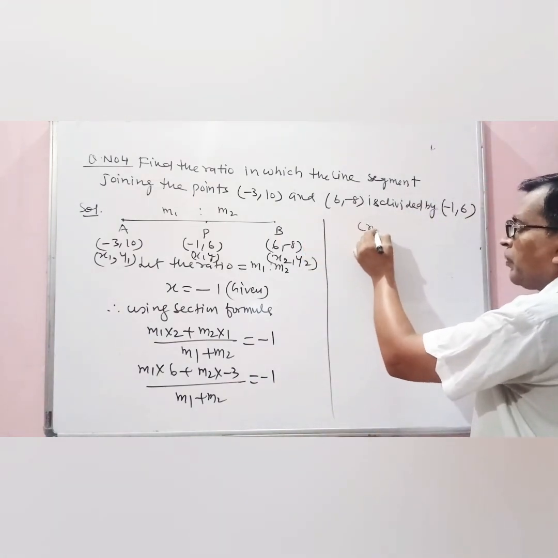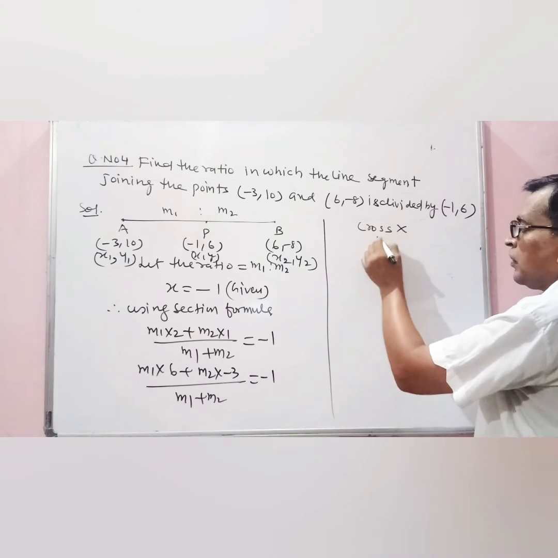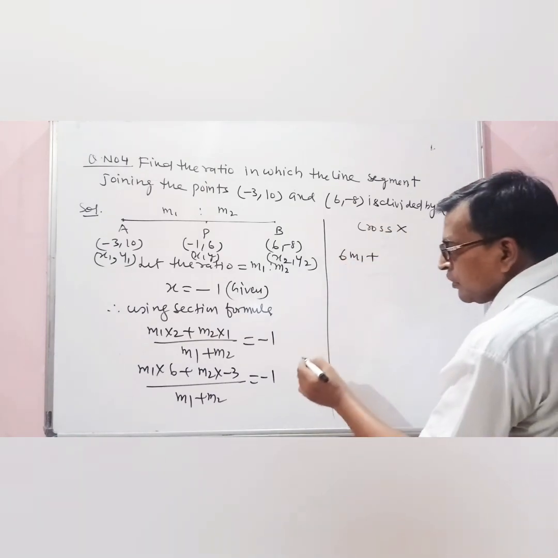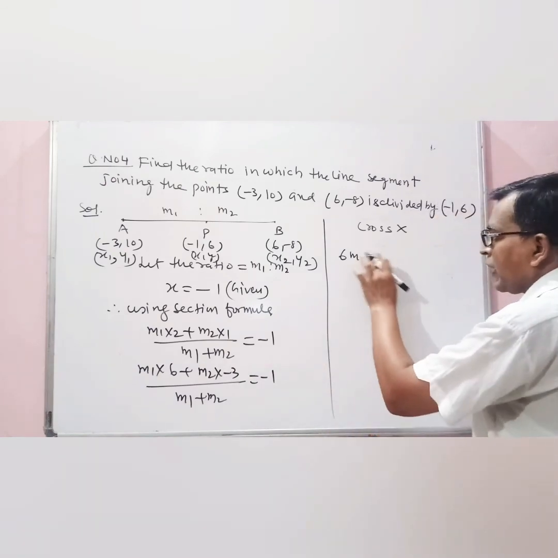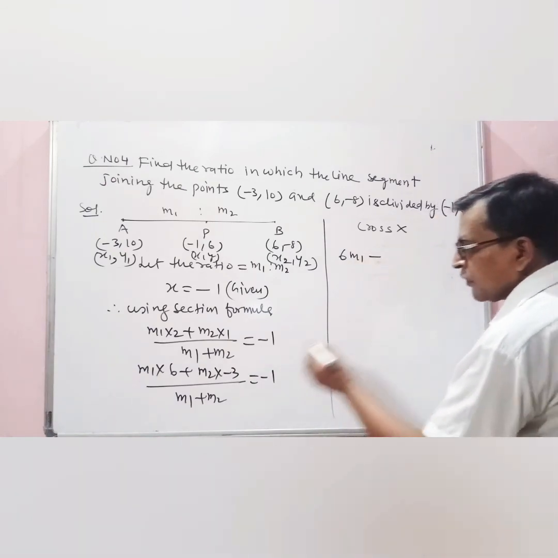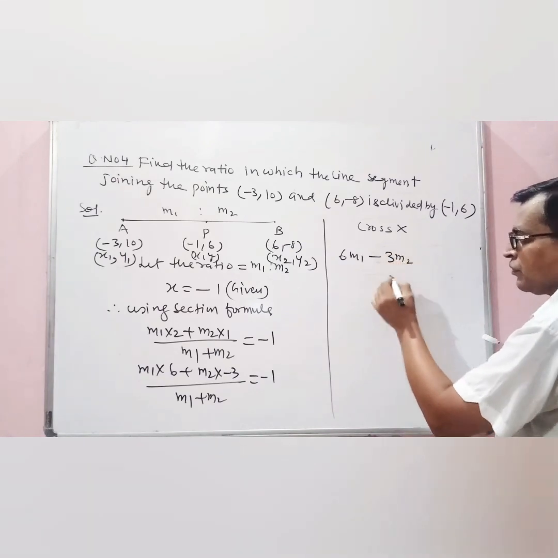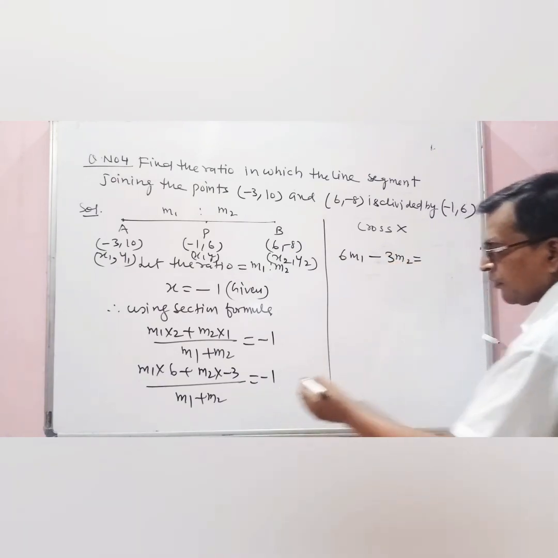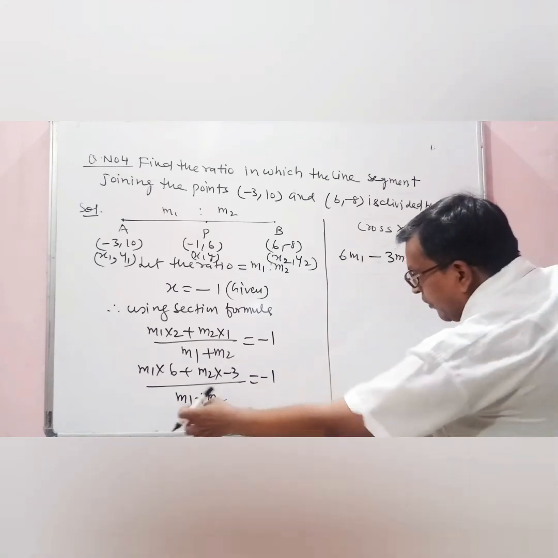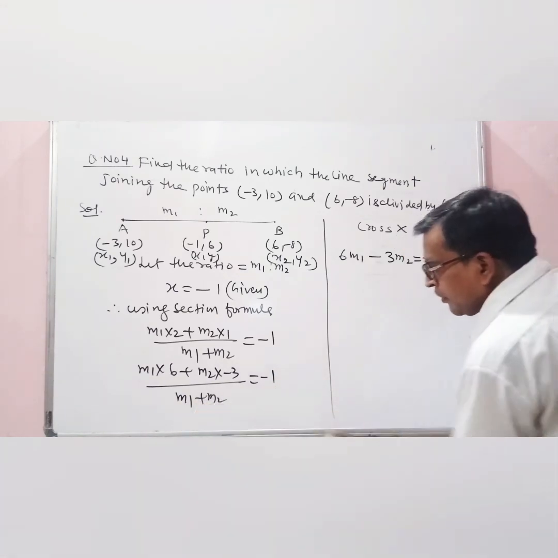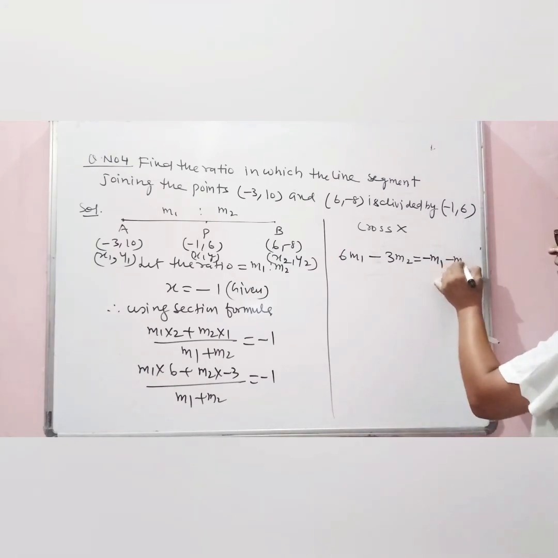Now cross multiply: 6 m1 plus m2 into minus 3, that is minus 3 m2. And cross multiply minus 1 multiplied by m1 gives minus m1, and minus 1 multiplied by plus m2 gives minus m2.